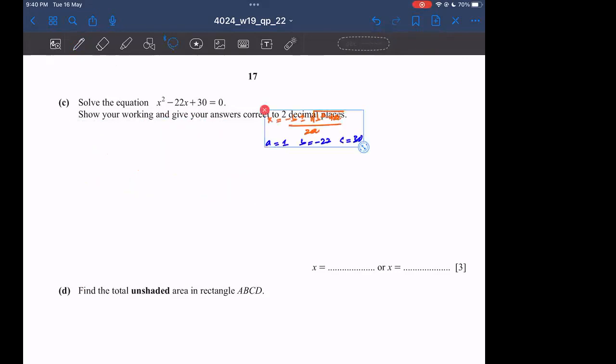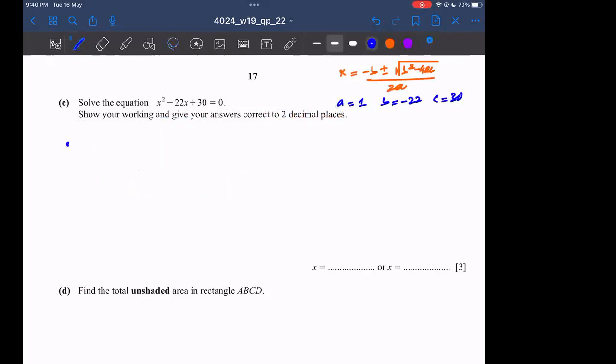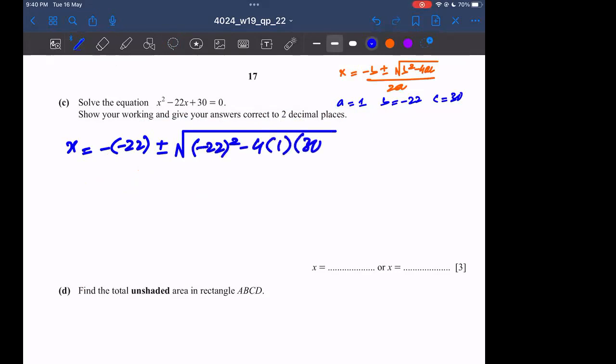Let's put the values here. Minus B, minus minus 22, plus minus under root B square, minus 22 square, minus 4 into A value 1, C value 30, upon 2A.